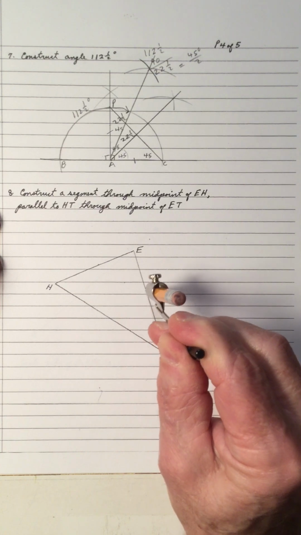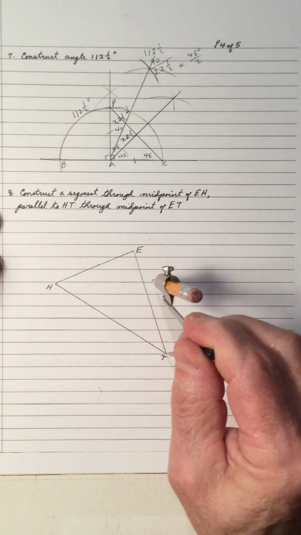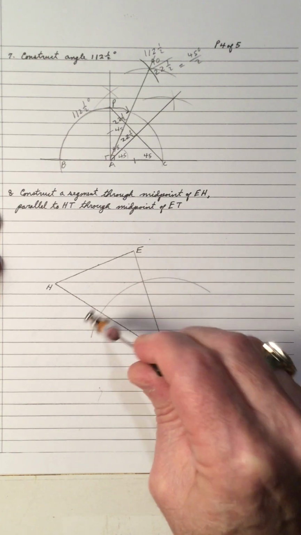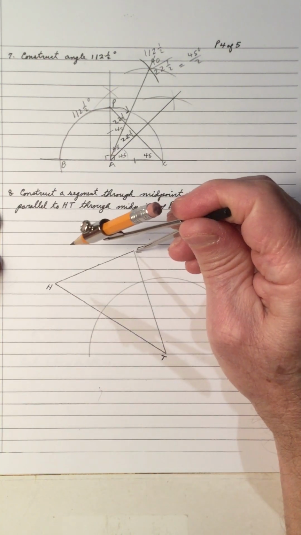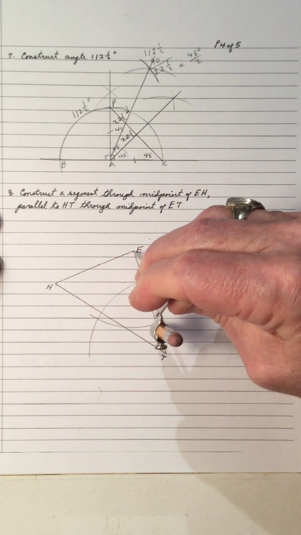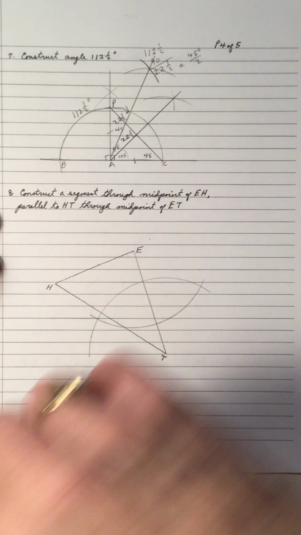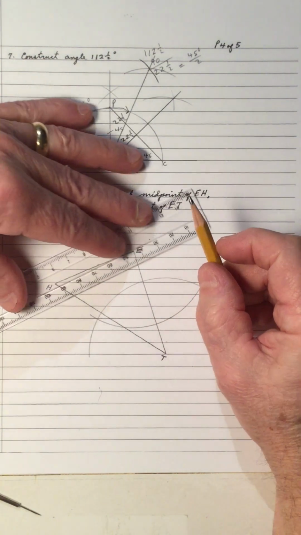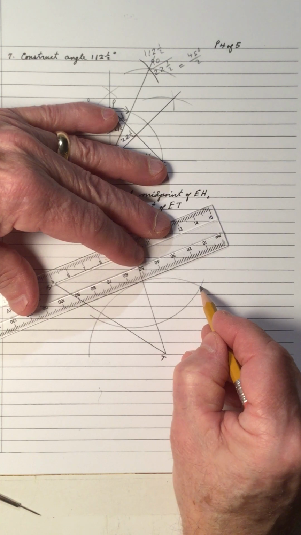So the midpoint of ET is found by constructing the perpendicular bisector. So you make an arc, you put it at E, and you intersect the previous arc at two locations. That's done. And we join up the segment through those 2 points.